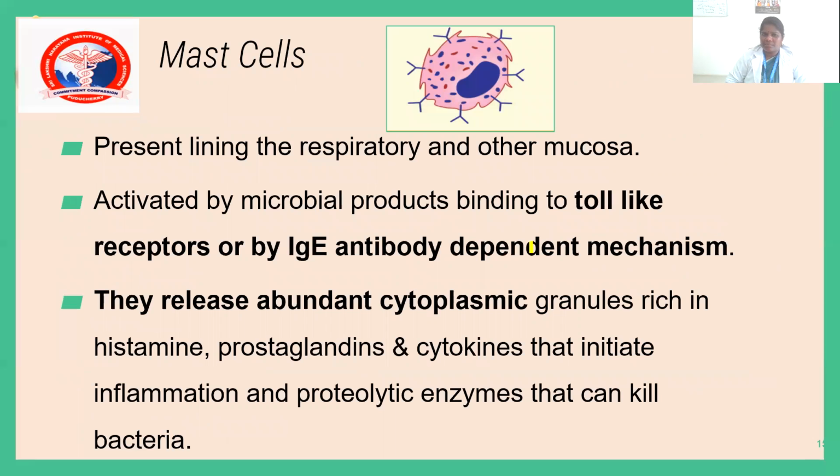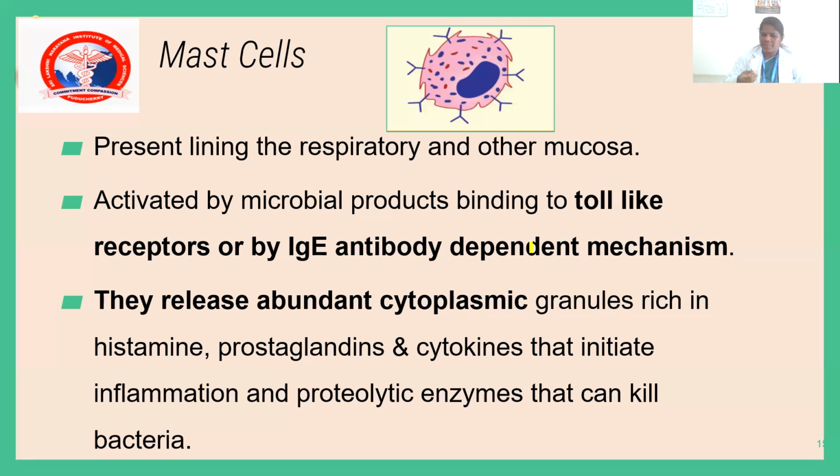Coming to the mast cells. Mast cells are usually present in the mucosa or in the respiratory tract. They are activated by microbial products, that is, microbial associated antigens. So the antigen is present, and the mast cell has two things: one is the toll-like receptor or IgG antibody.